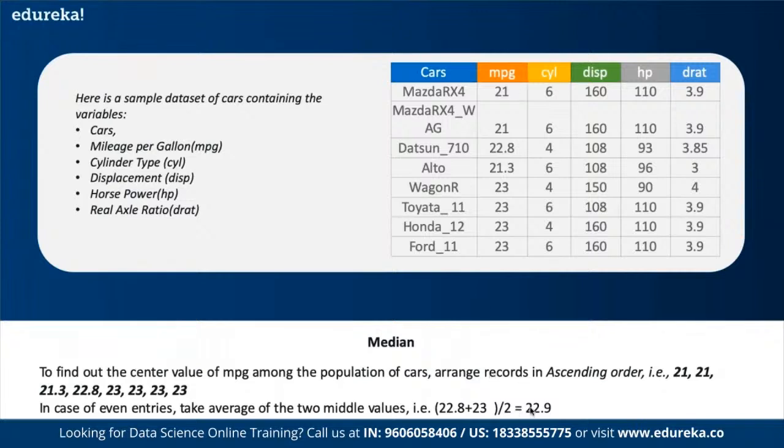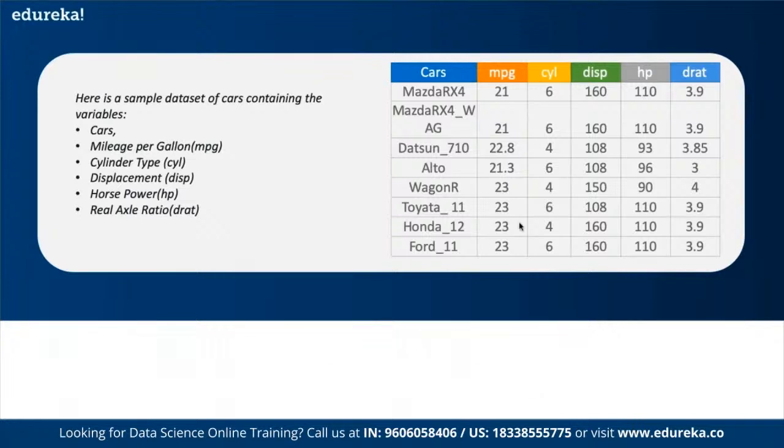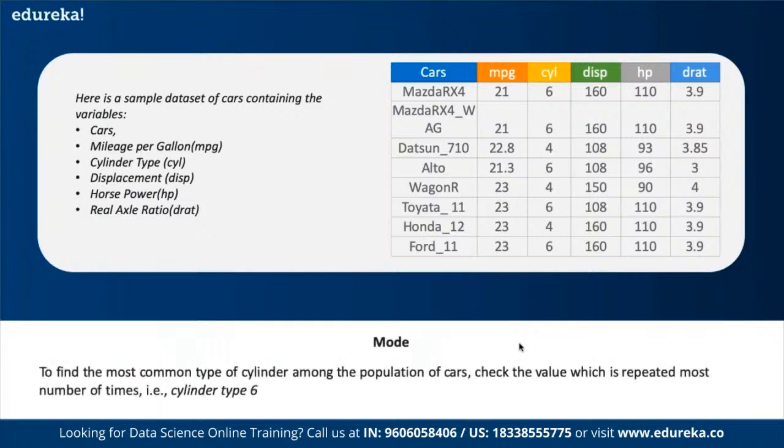Then as you can see here, the most popular value is 22.9, which we can derive by taking the two middle values and then getting their average. And the most recurrent value in the entire sample set is known as the mode, right? For example, if you want to find the most common type of cylinder, we can see it is 6 in the given data set as a part of mode, right?